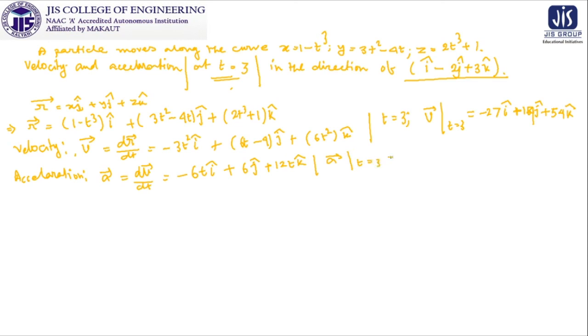At t equal to 3, we get minus 18i plus 6j plus 36k.